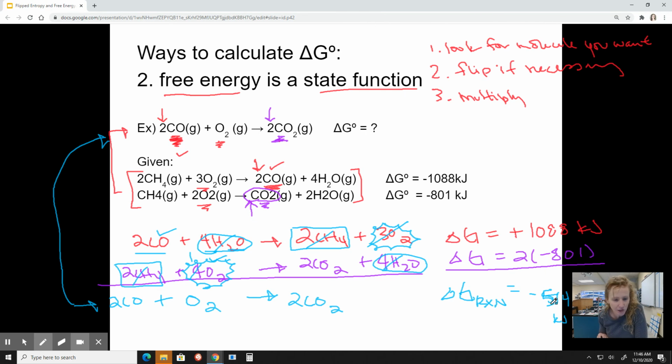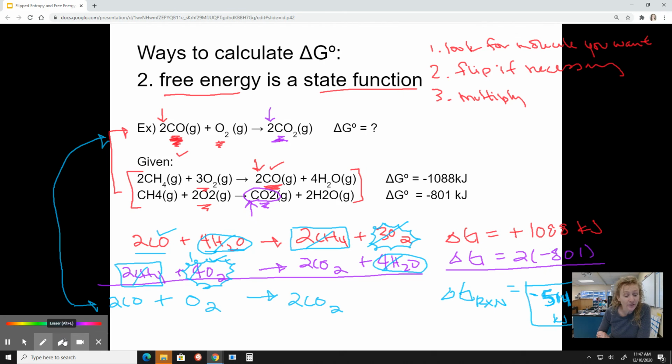It gave me 4 sig figs, so I can keep 3 sig figs. Negative 514 kilojoules. Okay, this reaction is going to be spontaneous. Good to know.